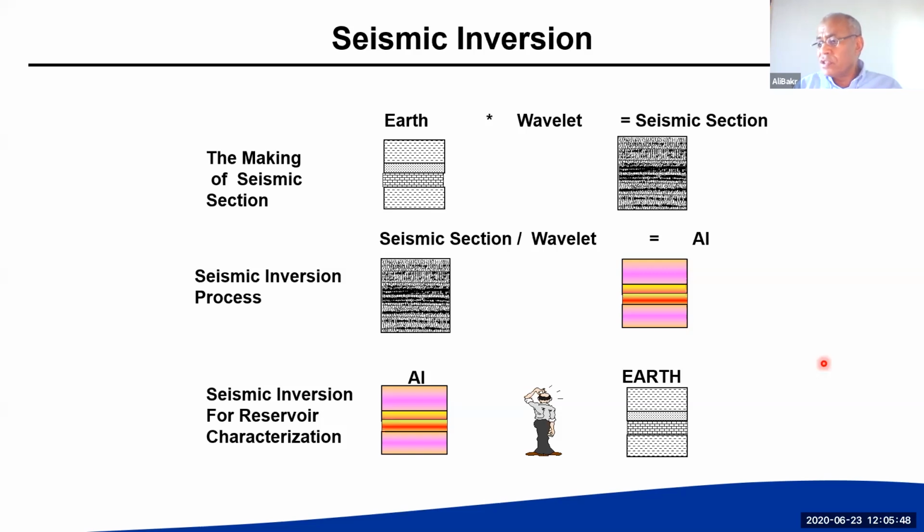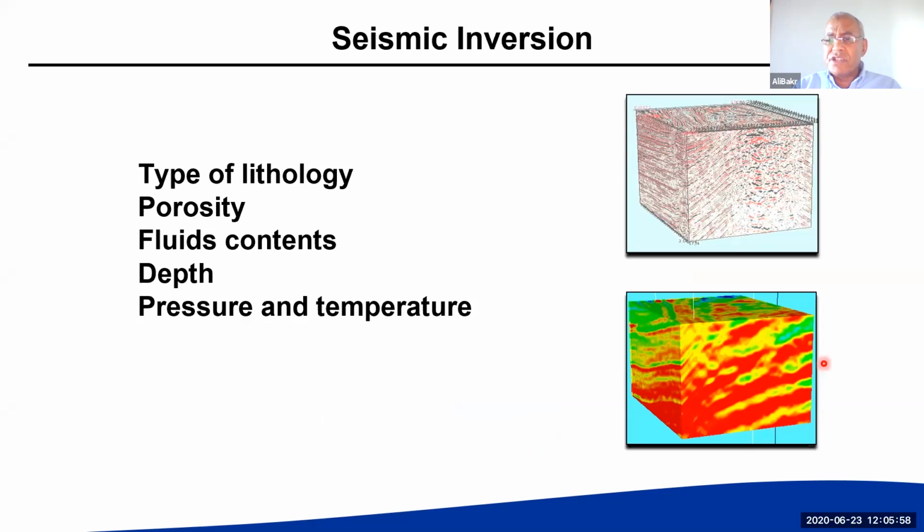While with post-stack, you will never be able to calculate quantitative figures, but you will use more or less a qualitative interpretation. So in the case of inversion, this is a volume of seismic, and I can change it directly. There are many algorithms to change the seismic data into acoustic impedance, or post-stack inversion, and you can get some understanding about porosity, fluid contact, and lithology, but qualitatively, not quantitatively, because it's post-stack.